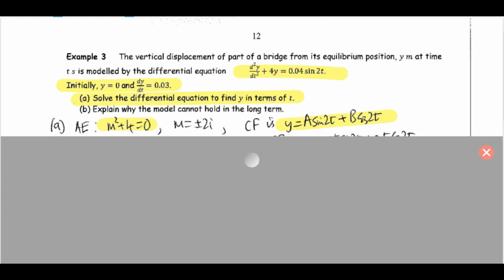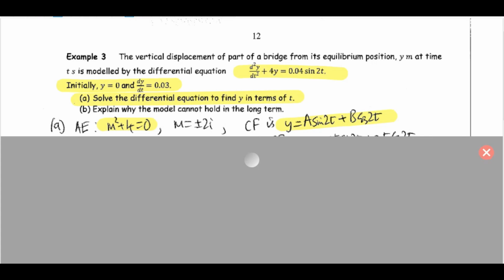Then you write down a particular integral. Now, looking at the right-hand side, 0.04 sine 2t, usually you would try an expression of the form p cos 2t plus q sine 2t. However, those are the terms in the complementary function. If you do that, differentiate it twice and sub in, it will all give you 0.